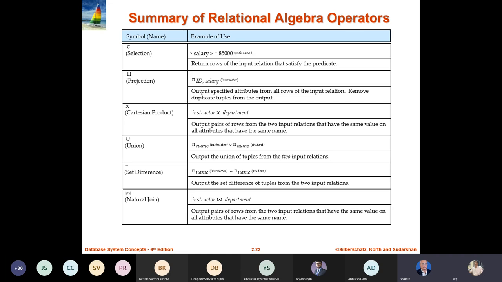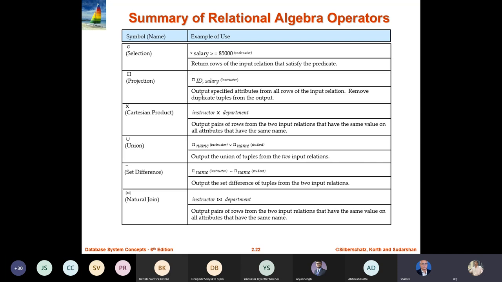So what we will see when we look into the relational query in our subsequent class is that we'll be using these basic relational algebra operators in the form in which SQL will be used.